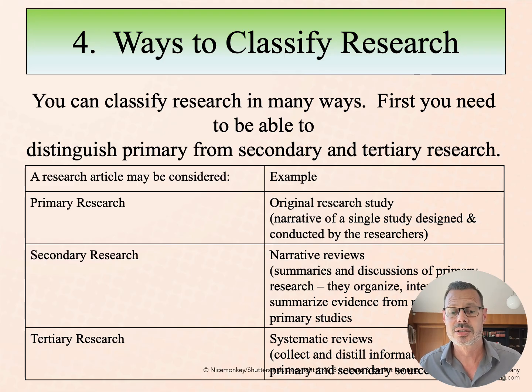Secondary research is going to be narrative reviews, so summaries or discussions of primary research. And they may pull evidence from more than one researcher. So these can be advantageous as you are trying to get a bigger picture understanding of a particular topic.